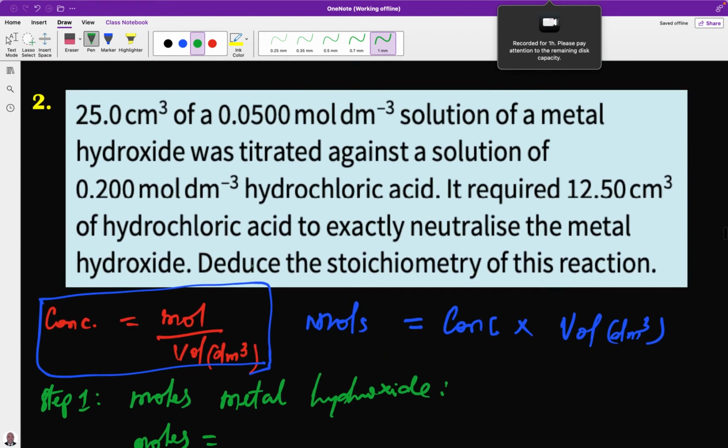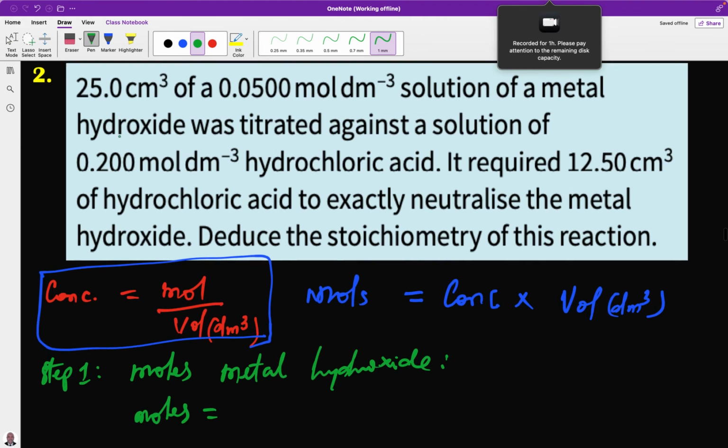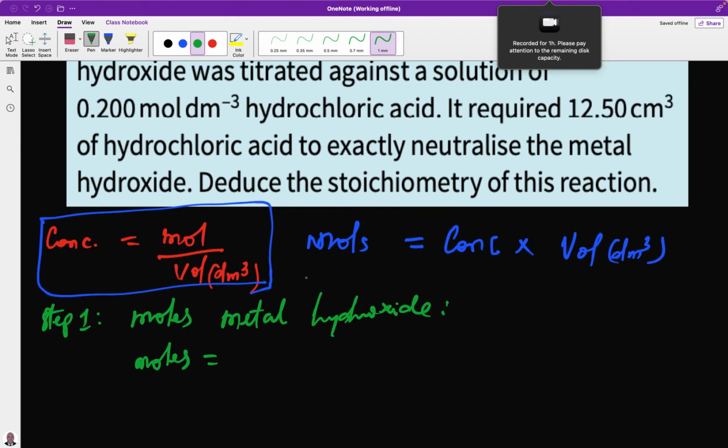We have 0.05, which is the concentration, and converting the volume into dm³ will be 0.025. So the concentration is 0.05 mole per dm³ times the volume, 0.025 dm³.